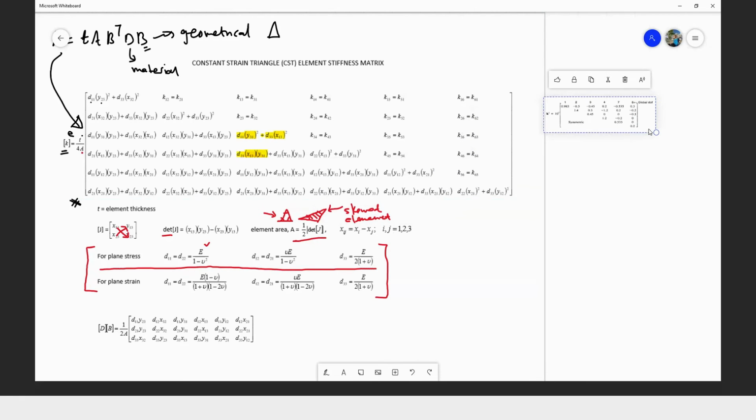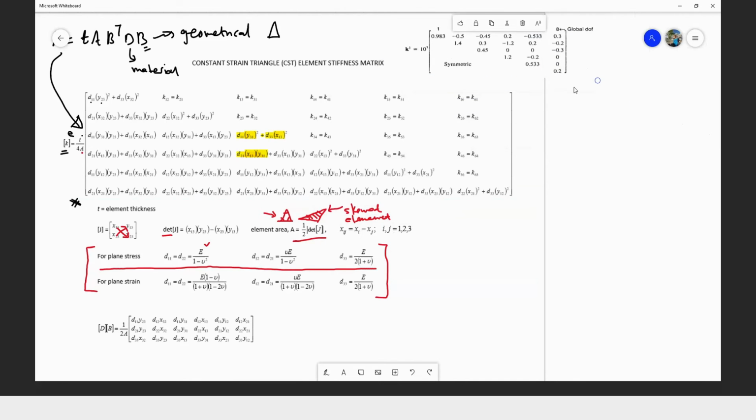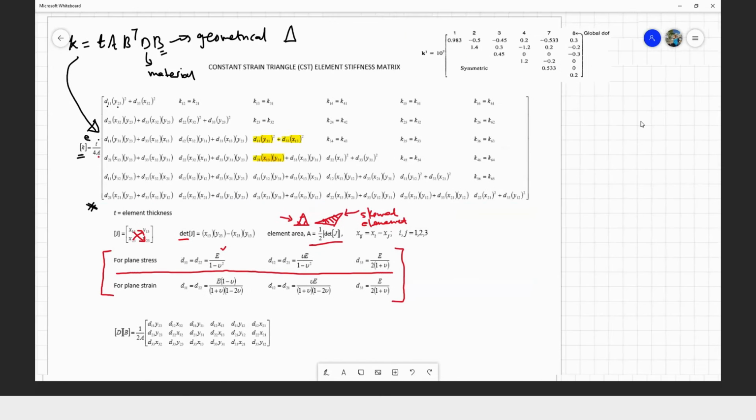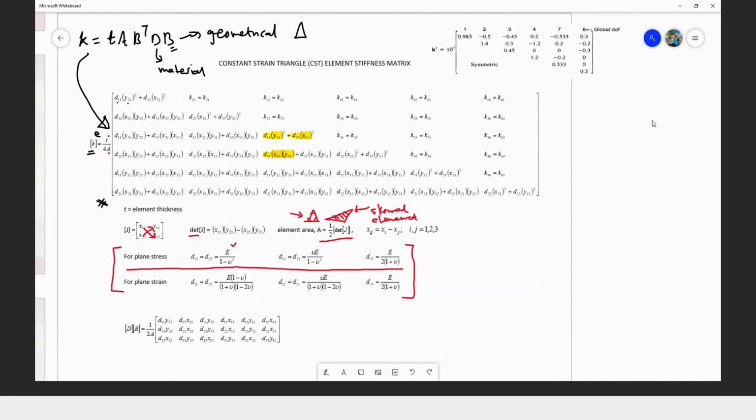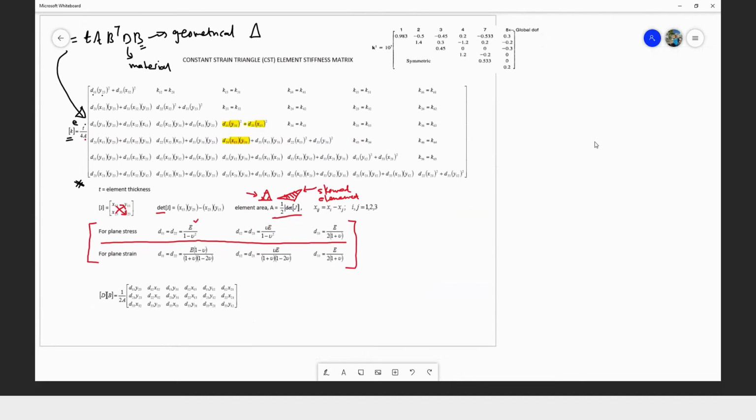So this is what we would like to obtain, and we have calculated this using the solutions shown in your lecture notes. So let's try to prove this. Since our problem is a plane stress problem, we choose the first equation for the material properties.